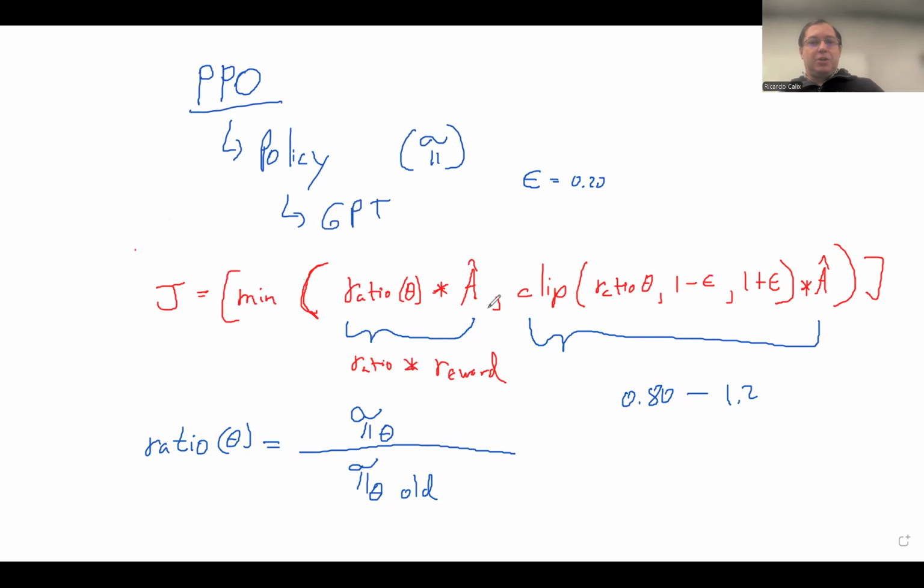The advantage function, this A star, or A hat, that you'll see in there, is called the advantage function. It helps to determine the relative value of the current action via the feedback from the reward model.